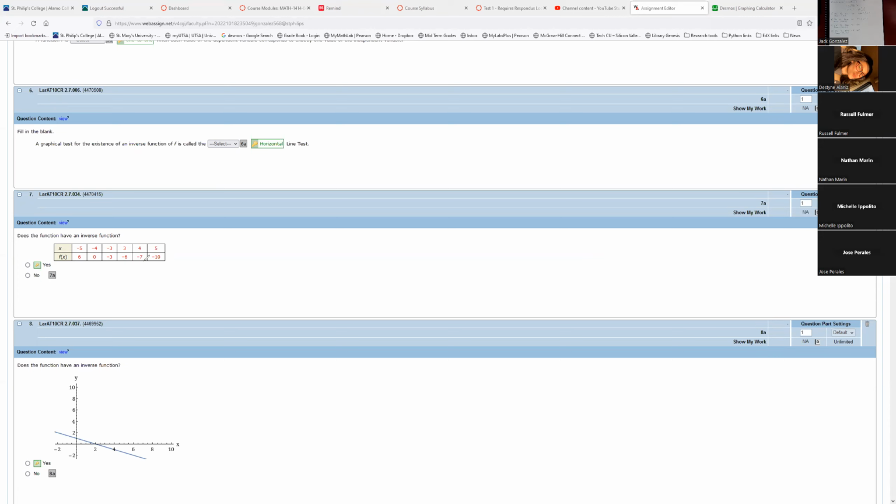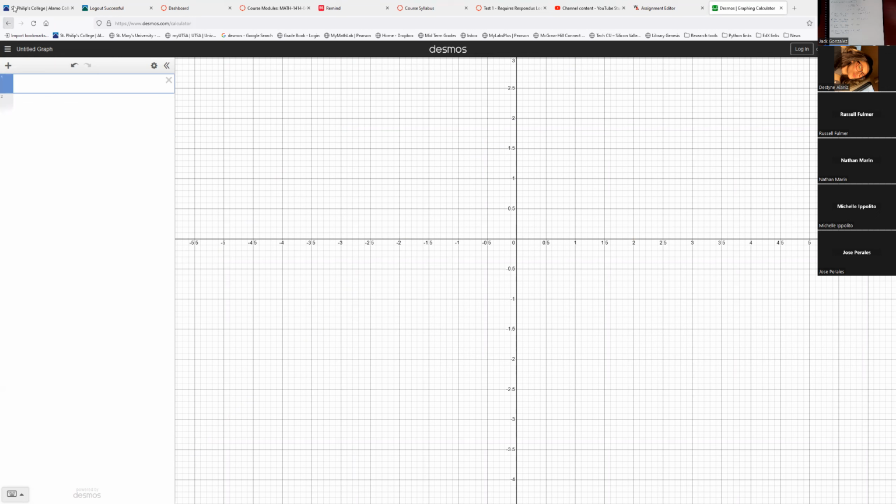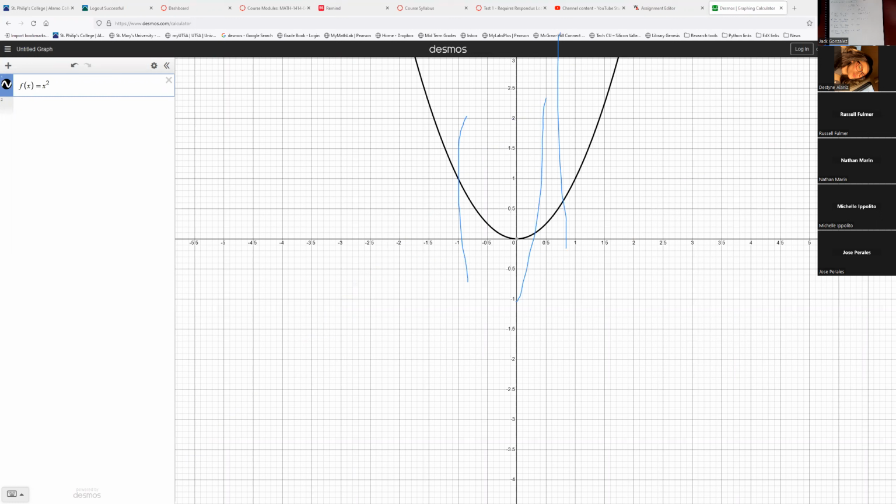Basically look and see if anything repeats. For example, let me give you a function that is not 1-to-1. This is a function because it passes the vertical line test, right? It is not 1-to-1 because it fails the horizontal line test.